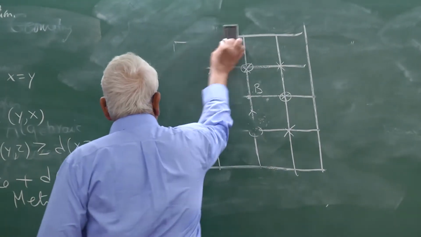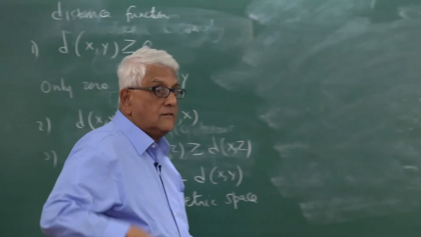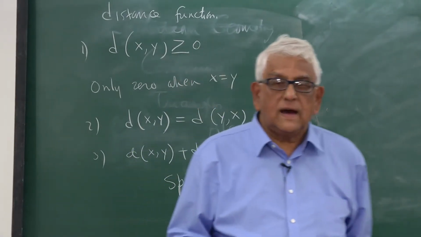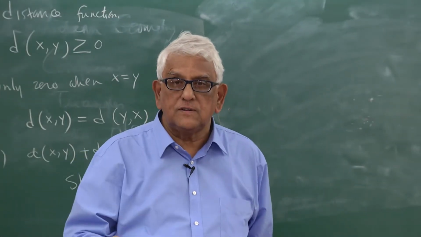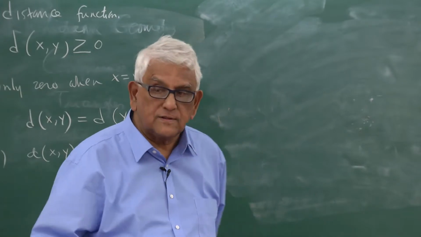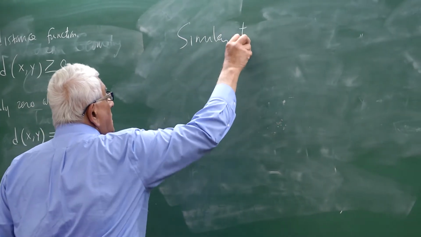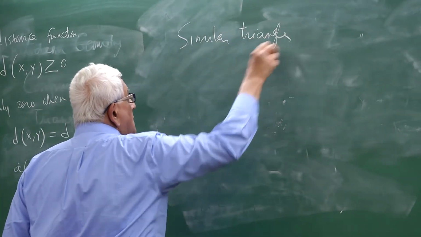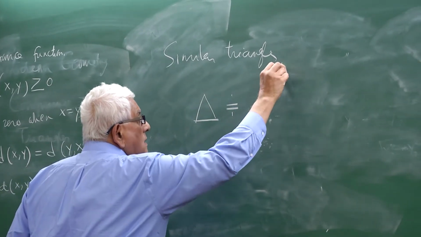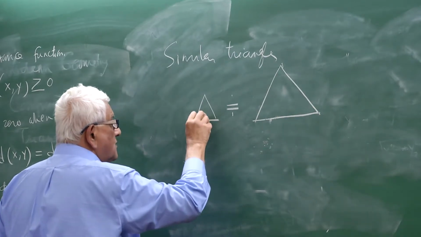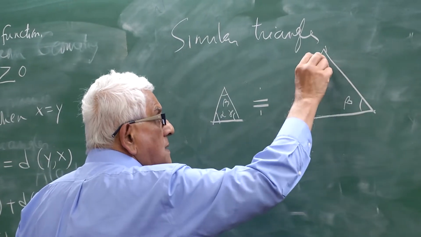Let us look at a relaxation of this idea, similarity, similar triangles. Instead of having congruent triangles, we can have similar triangles. So, this triangle is equal to this triangle. If this is alpha, this is beta, this is gamma, this is alpha, beta, gamma.